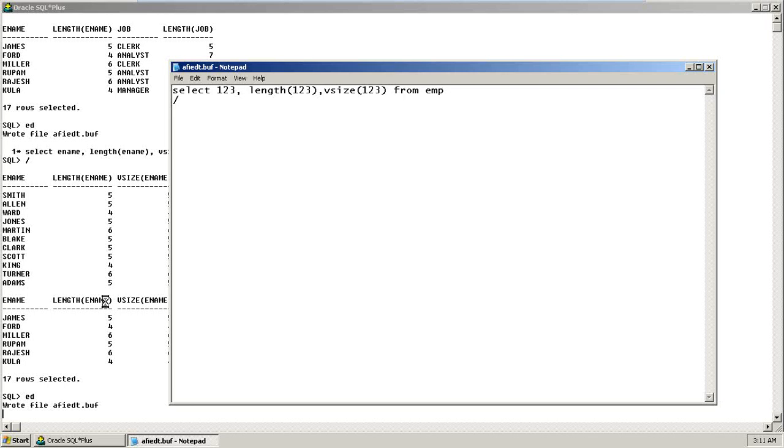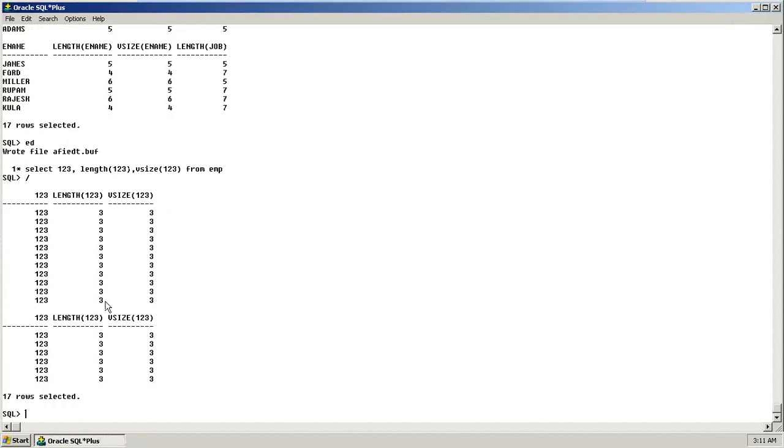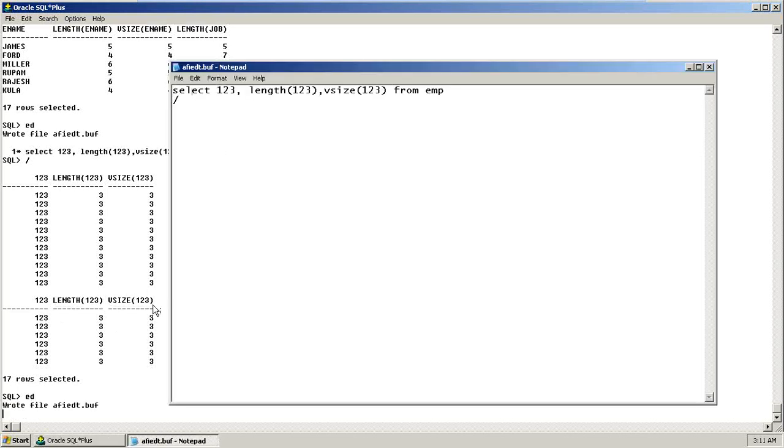You please observe. Now it is giving, there are 3 digits and it is giving 3 characters, right? It means 3 characters length and 3 bytes size for 123. Okay. Suppose I am giving 4 from dual.